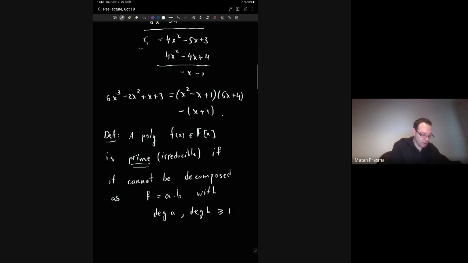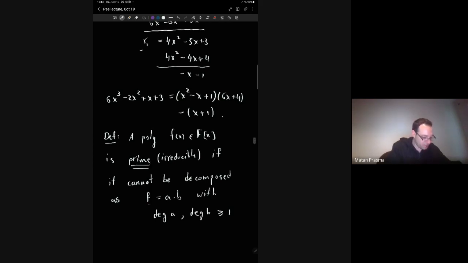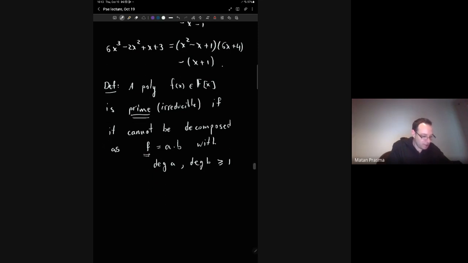Okay, so a polynomial is prime if I cannot express it as a product of two non-constant polynomials. I mean, of course, if I allow constant polynomials, then I can always express a polynomial in many ways, typically as a product of two polynomials. One would be a constant, and the other would be just a modified version of the polynomial f. So this is ruled out in this definition.